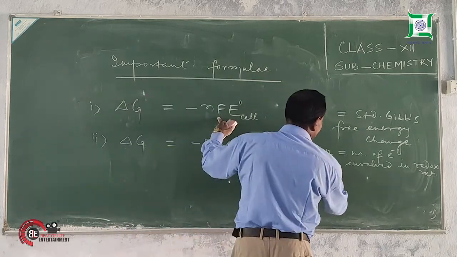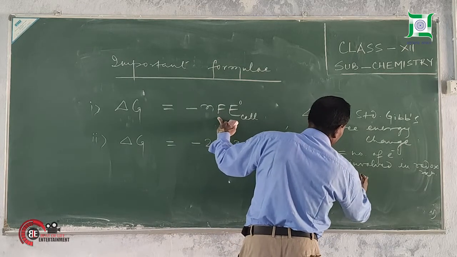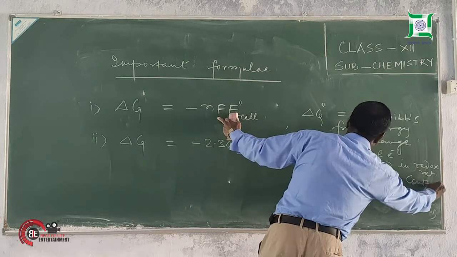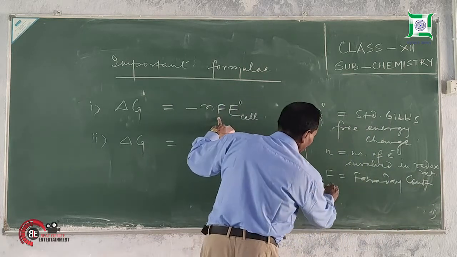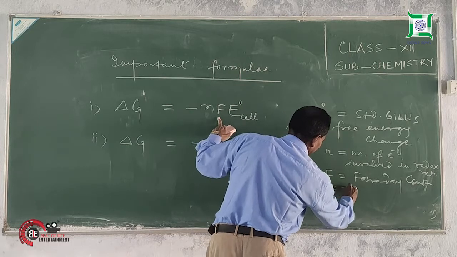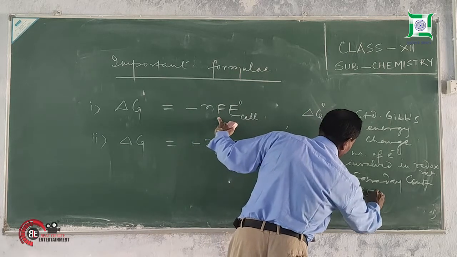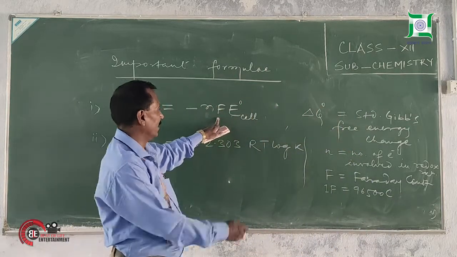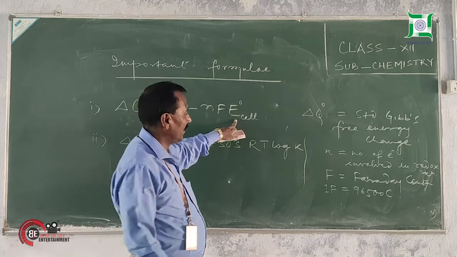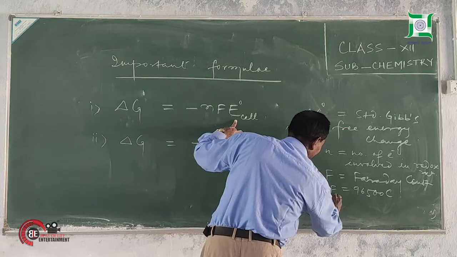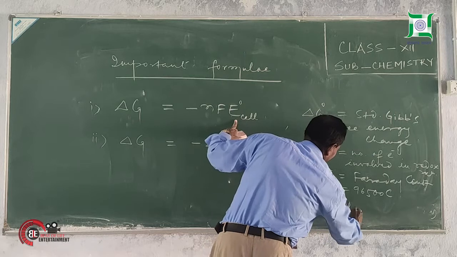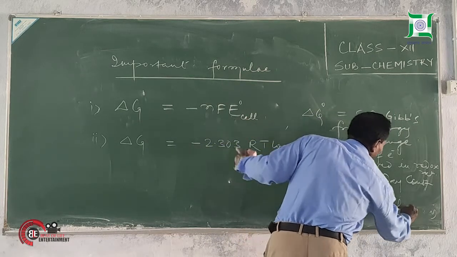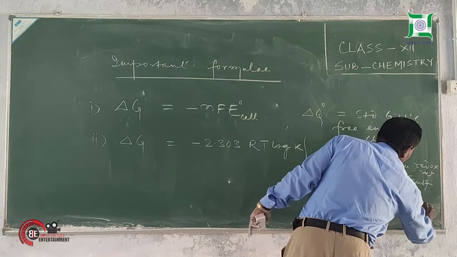F is the Faraday constant. You know, here 1 Faraday is equal to 96,500 coulomb. You might know this is a very important relation. And E naught cell, as we have just discussed, is the standard EMF of the cell.